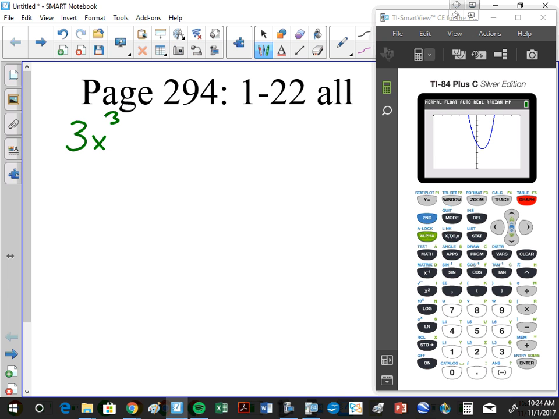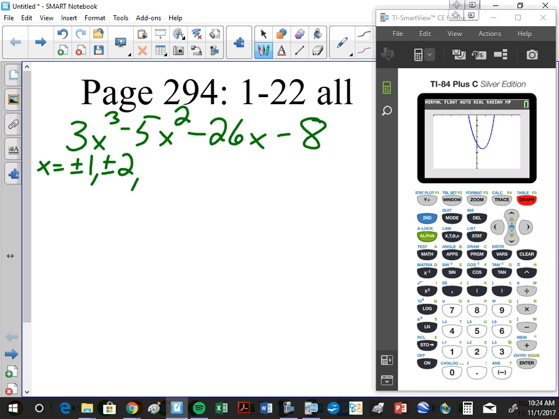3x to the third minus 5x squared minus 26x minus 8. What are the possible roots? Plus or minus 1, plus or minus 2, plus or minus 4, and plus or minus 8.